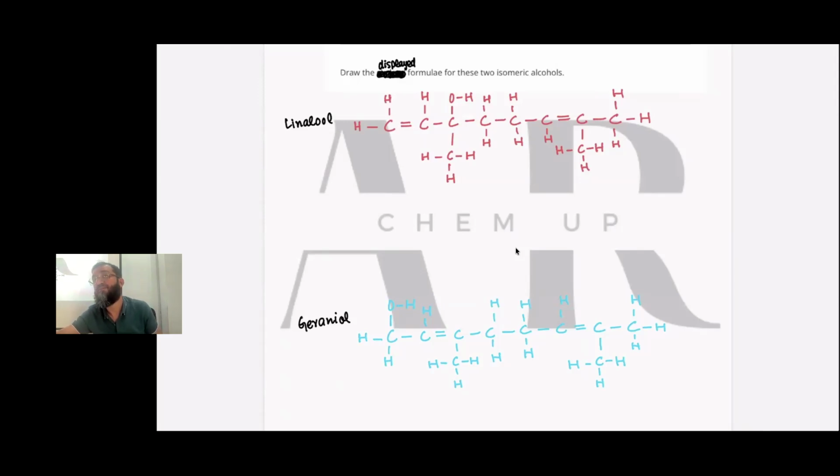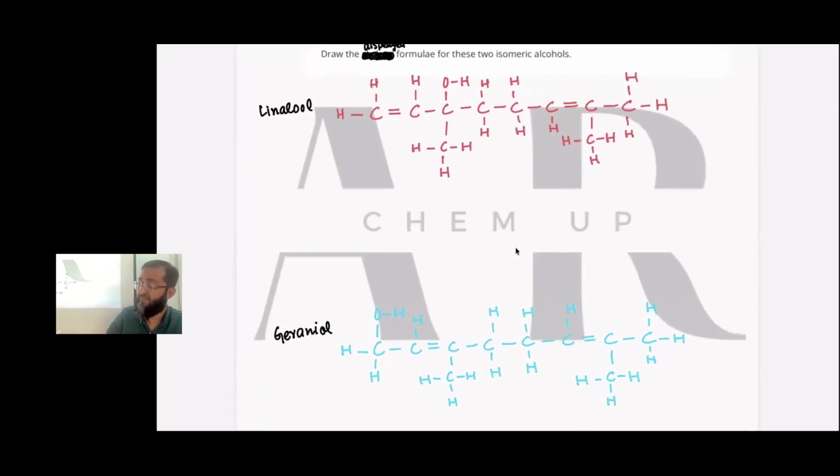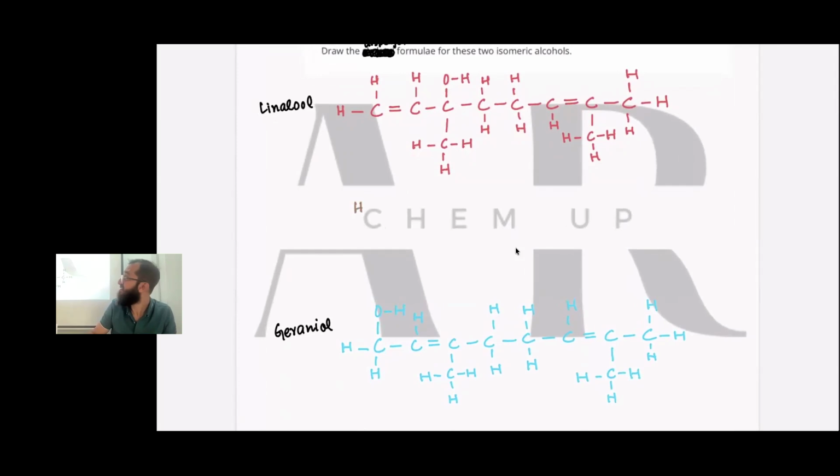Okay, let's do the first one, linalool. Let me start it from here. It's H2C double bond CH, then C, that C got OH and CH3, and both are bonded to it, so they both will be in different brackets.